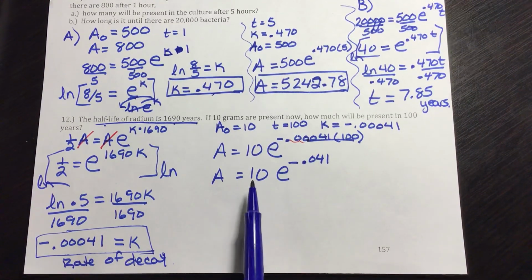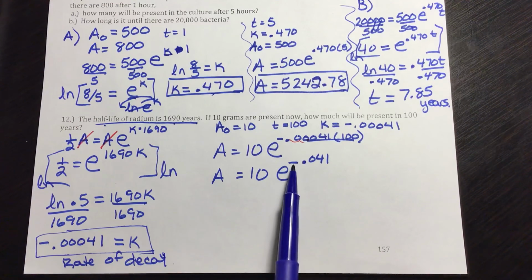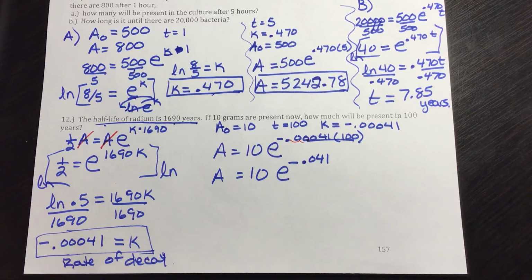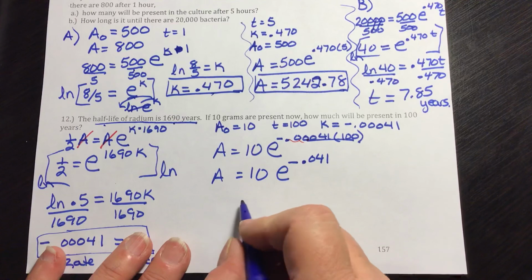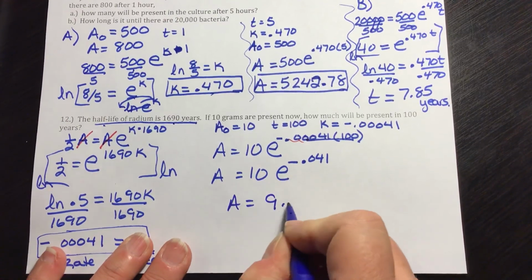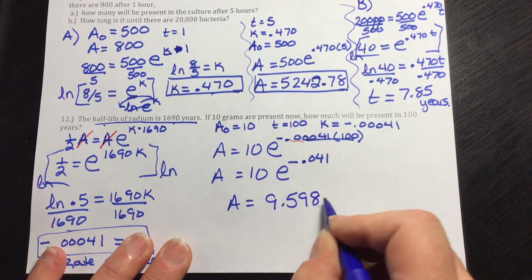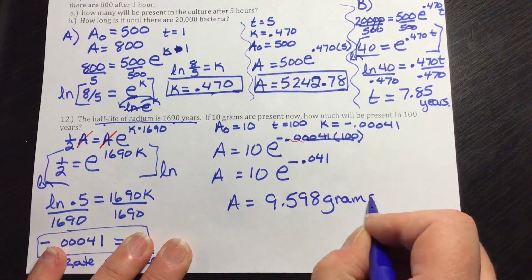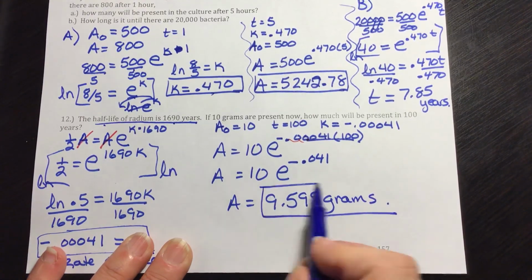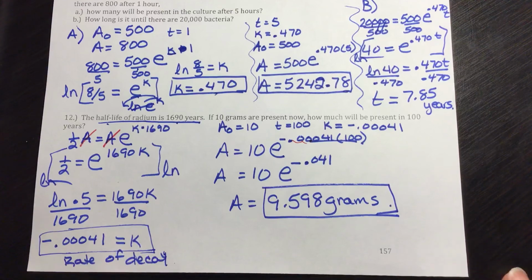And once you do this, 10 times e to the negative 0.041, it will tell you that you have 9.598 grams. All right, and that is it.